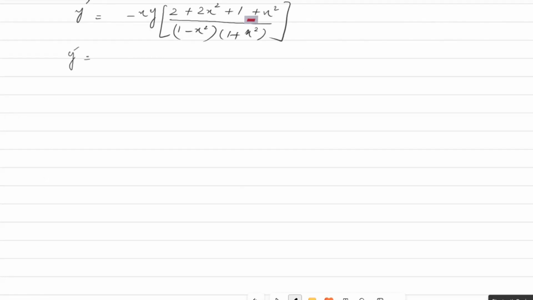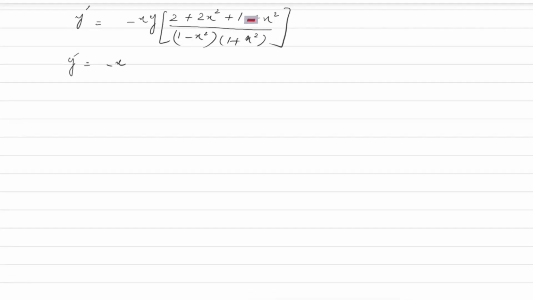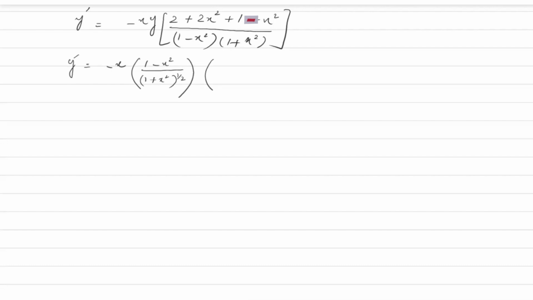y derivative is equal to minus x, y was equal to (1 minus x square) by (1 plus x square) whole power 1 upon 2. It was y given in your question.